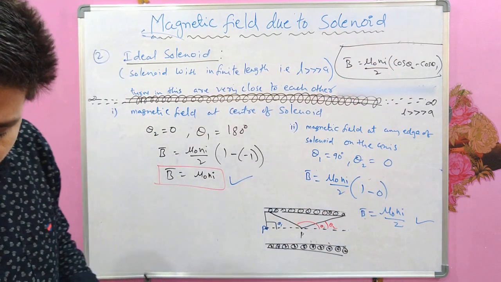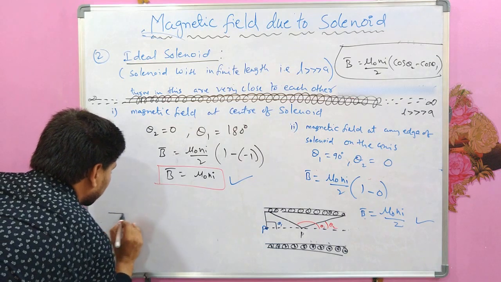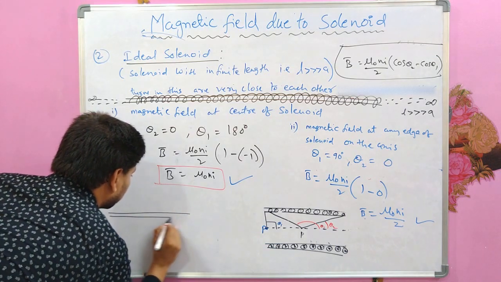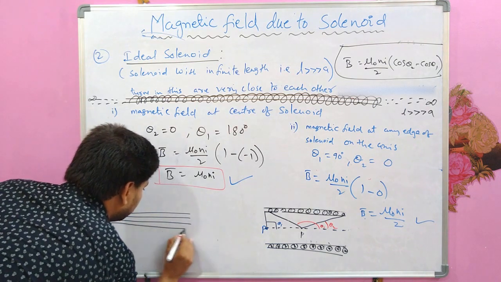And inside the solenoid you can find very, very small radius.